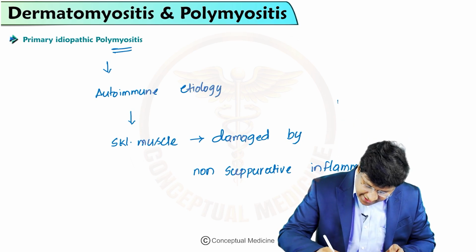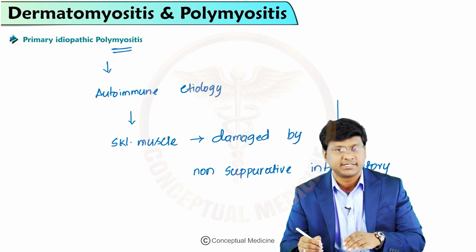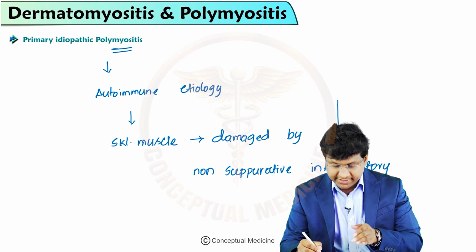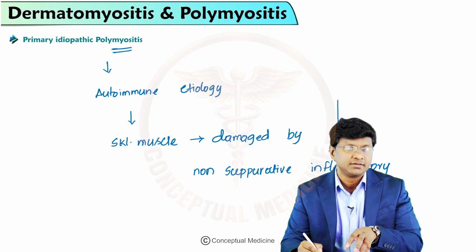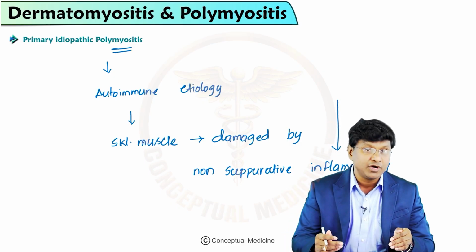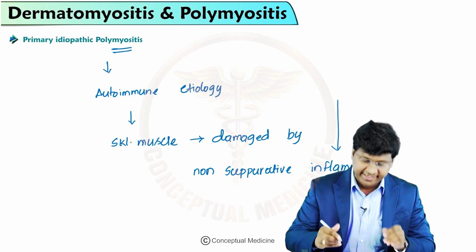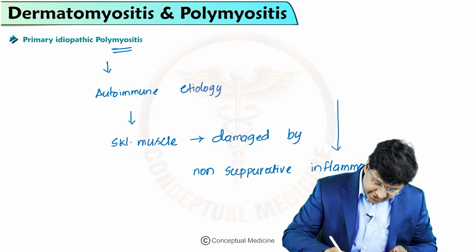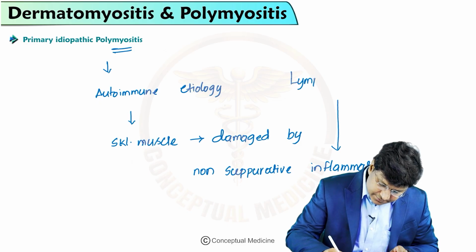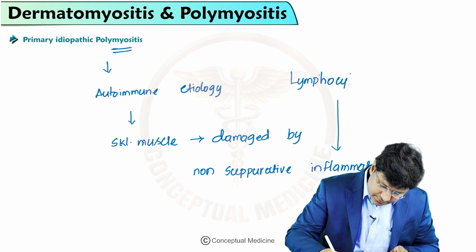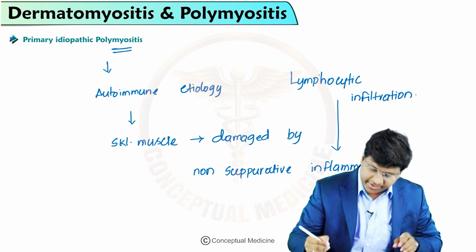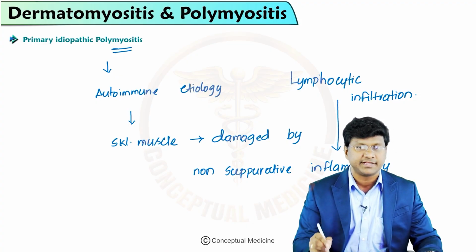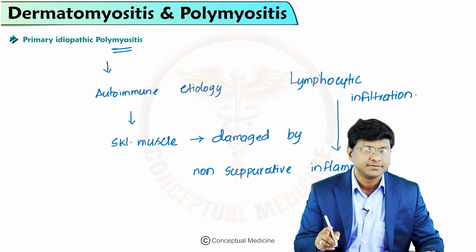And in order to have the inflammatory process to occur, this polymyositis is dominated by lymphocytic infiltration. Please remember, that's an important point.